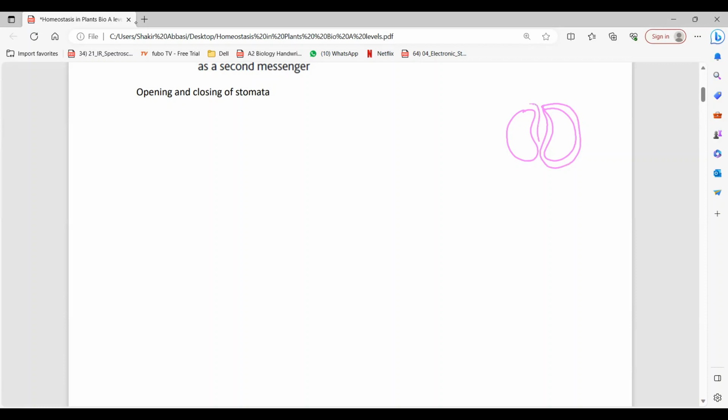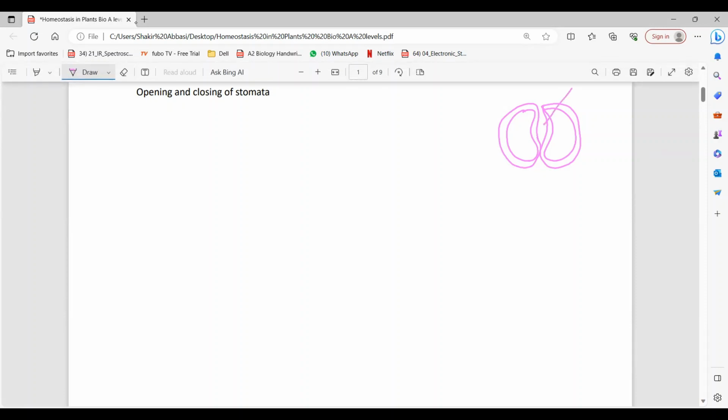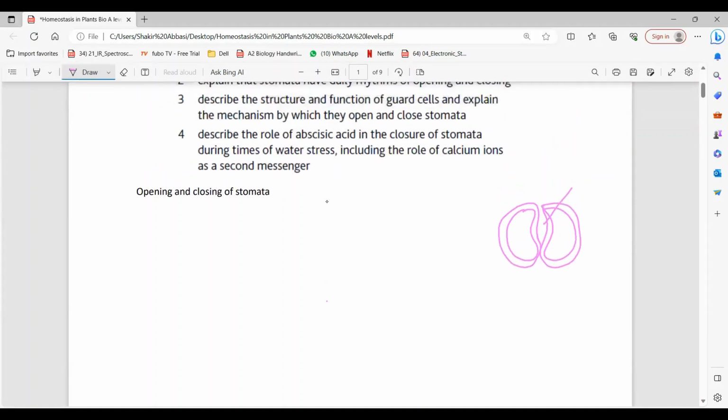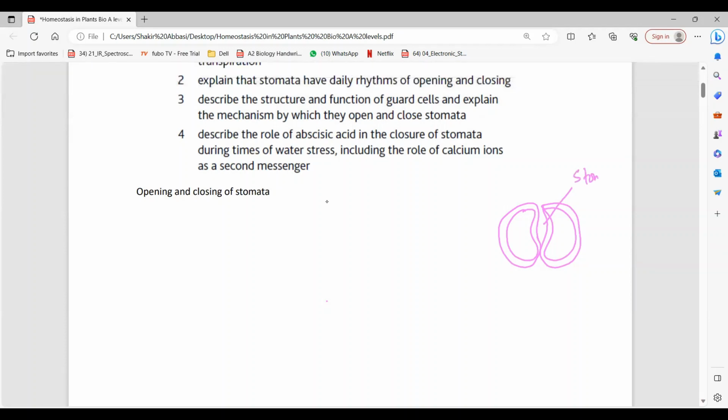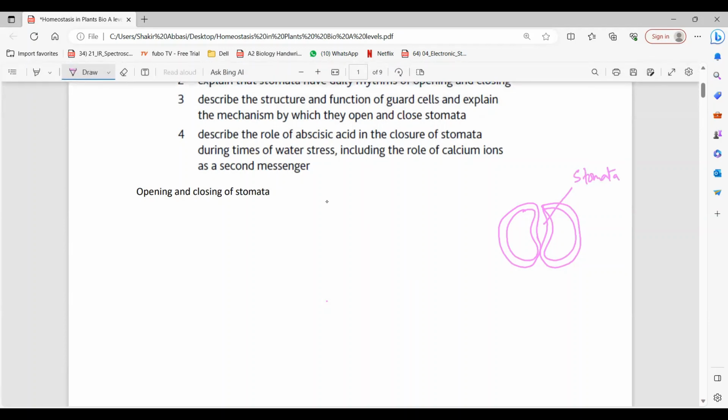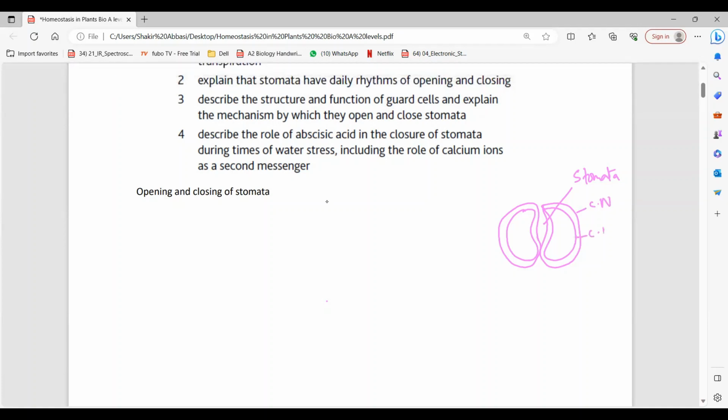And here's the cell wall of this cell. The pore in between is called stomata. So they have a gap inside, which we call stomata, between the two guard cells. And the guard cells obviously have their cell wall. Each guard cell has a cell wall and also a cell membrane.